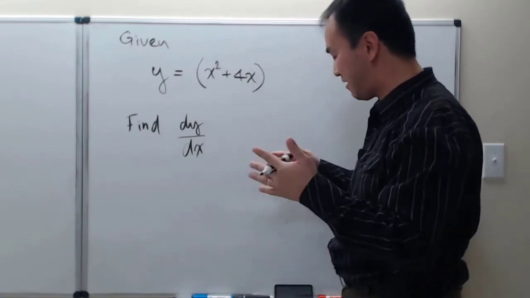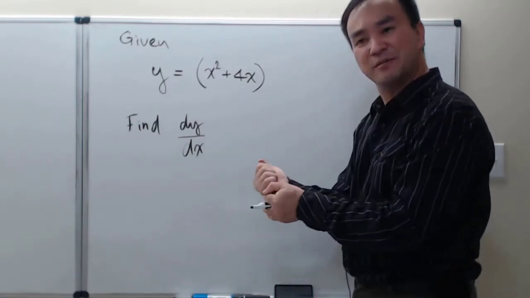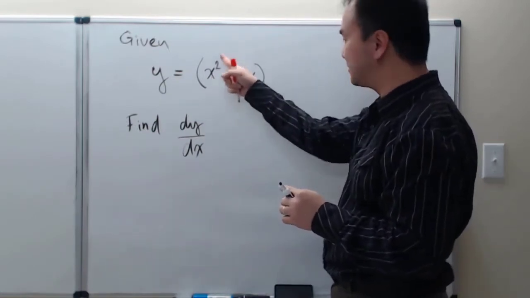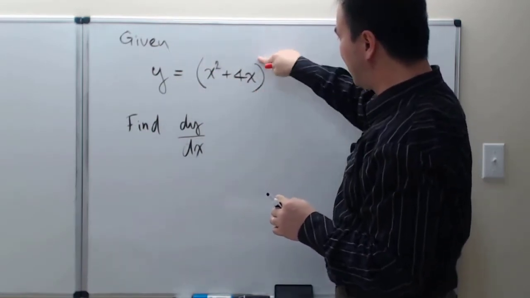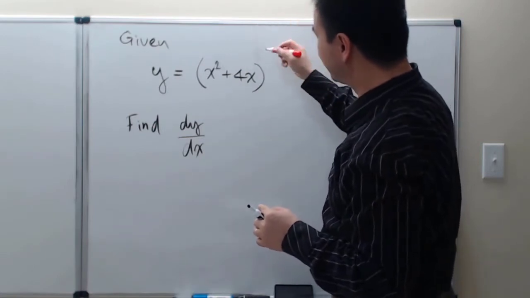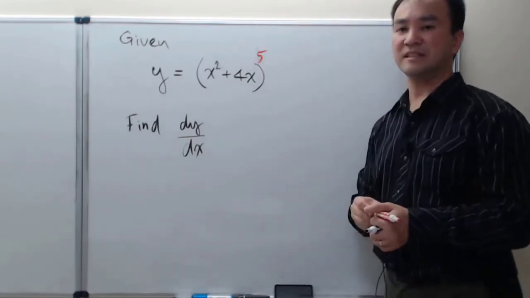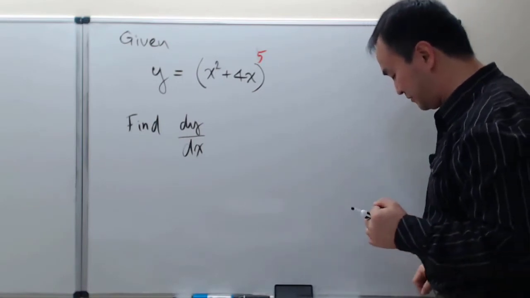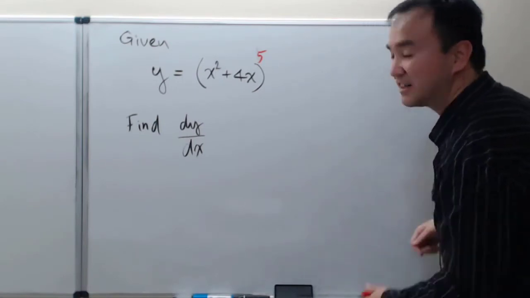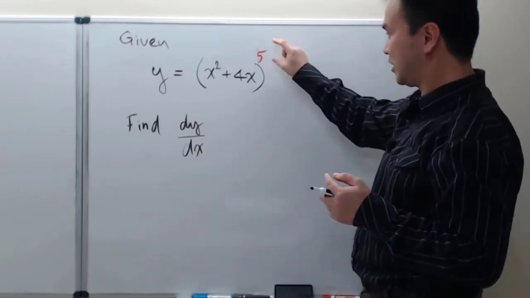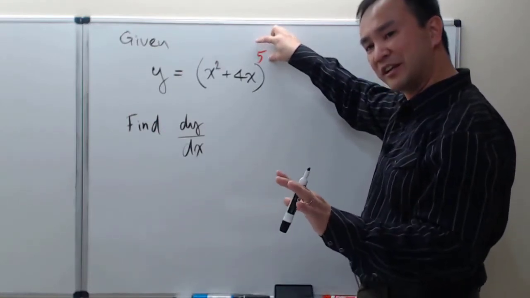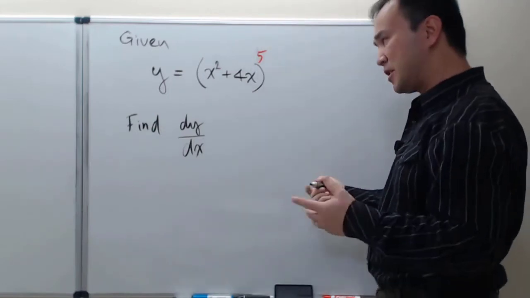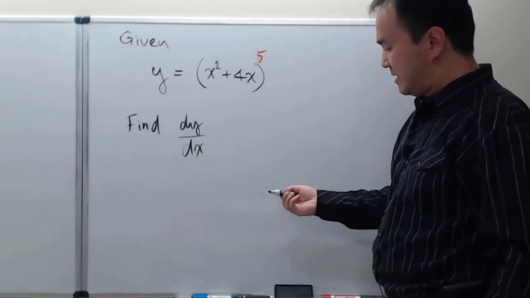So now I quickly introduce another problem. Same problem, we have an x squared plus 4x, but now in parentheses I'm going to raise it to the fifth. I wrote that fifth power in red ink to catch everybody's attention. So it's pretty much similar to the earlier work, but now we have a much higher power. So let's find the derivative again.